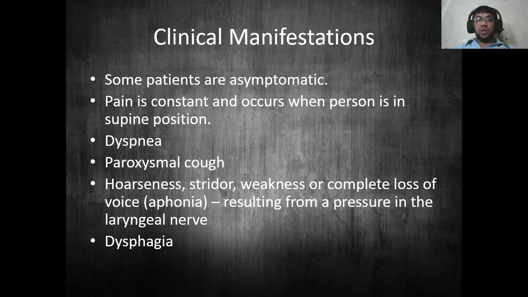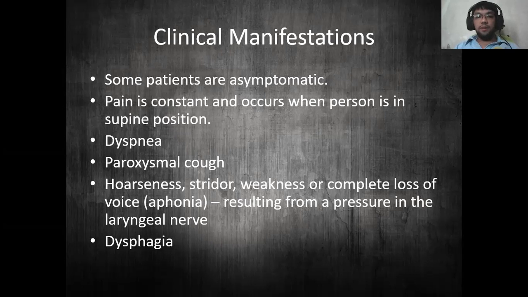Clinical manifestation. Some patients are asymptomatic in this condition, but pain is constant and occurs when the person is lying down or is in a supine position. If there's thoracic aneurysm, of course, the patient is going to feel dyspnea because the outpouching or the bulging will exert pressure on the lungs of the patient, and there may be paroxysmal cough.